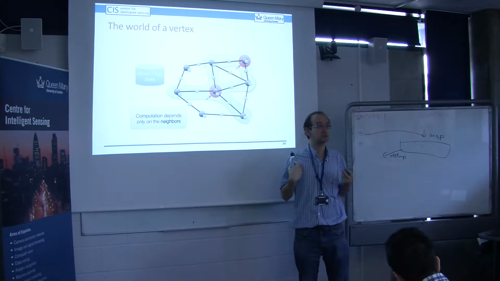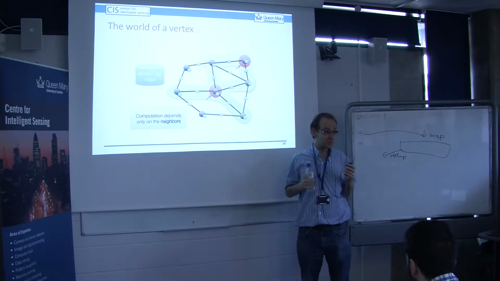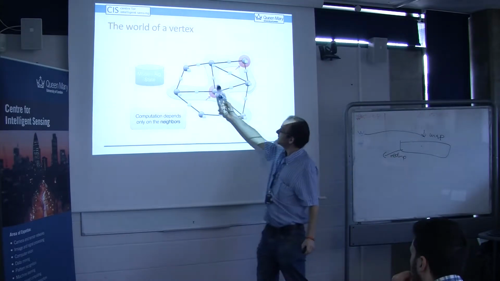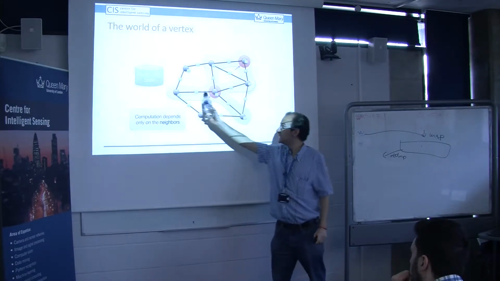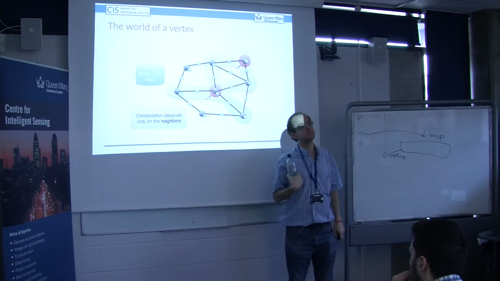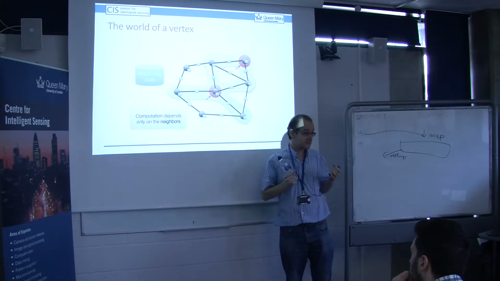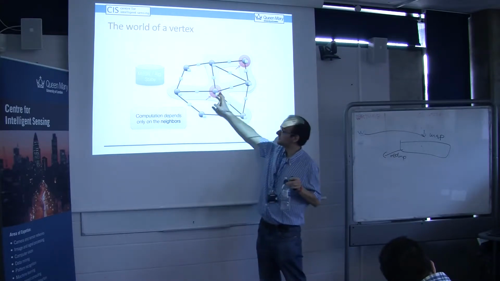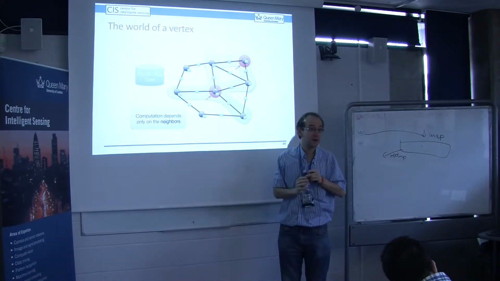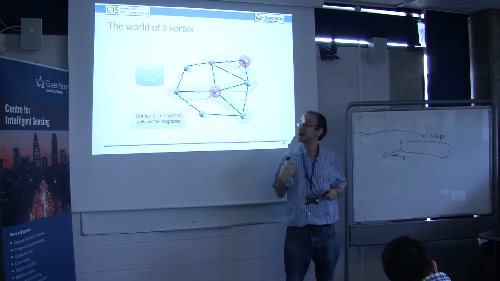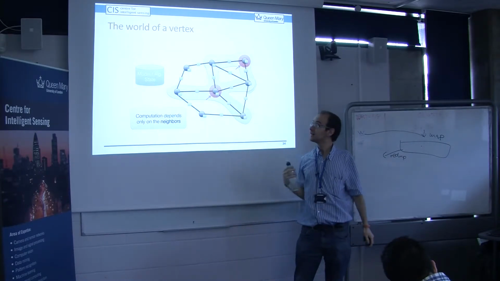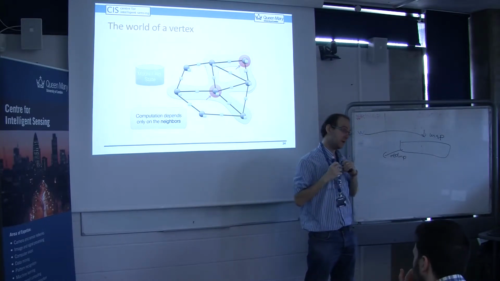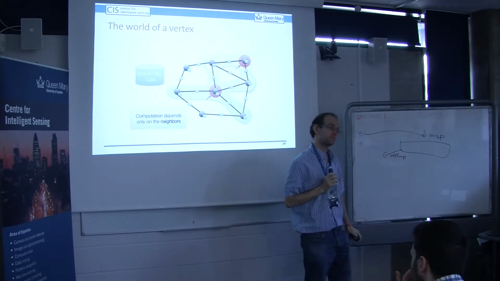You can define some computation, whatever you want to do, but the main restriction is that whichever function you define can only have access to that. It's going to be parallelized, so we are going to run the same function in each vertex of your graph, but each vertex can only access the direct local information about itself and its neighbors.